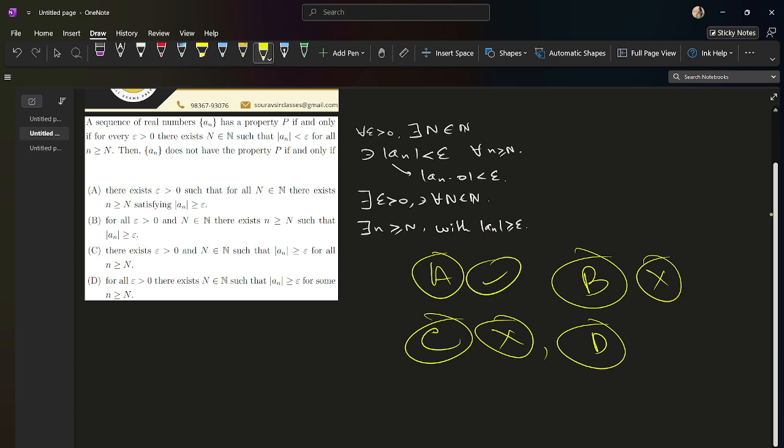This is a subtle question, you have to think about it. So D is also not correct. The only correct negation of the given statement is option A. Hope you understood, guys.